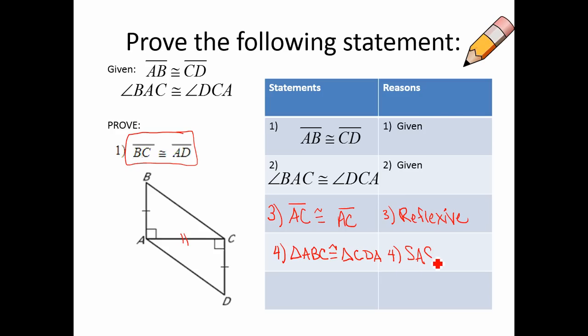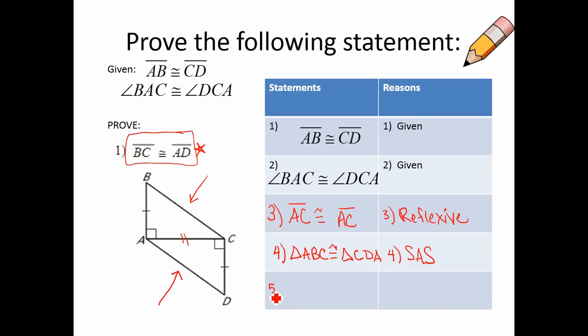But that wasn't our end goal, wasn't just to get the triangles congruent, it was to get these two parts of those triangles congruent. So now because we have congruent triangles, I know any piece up here has a corresponding piece in the other triangle.